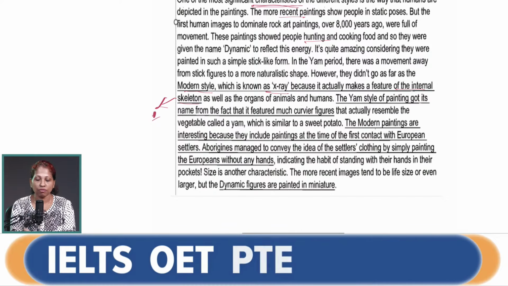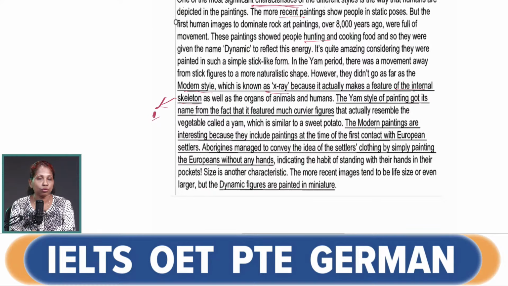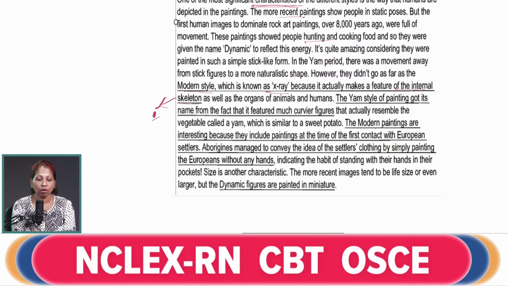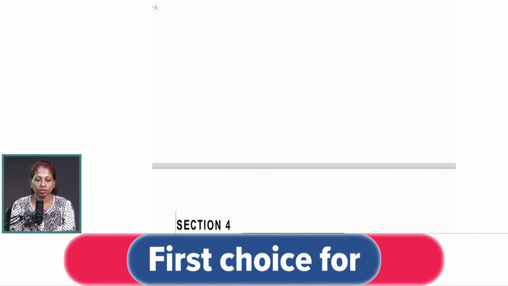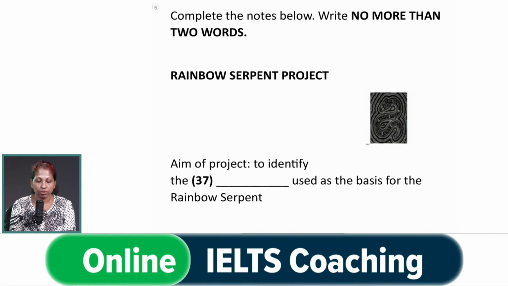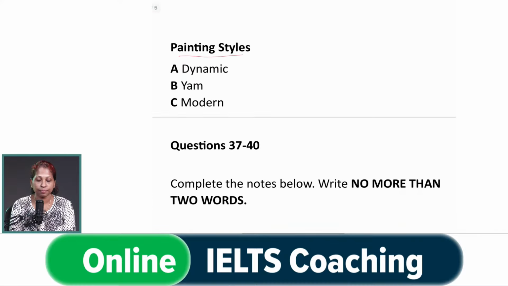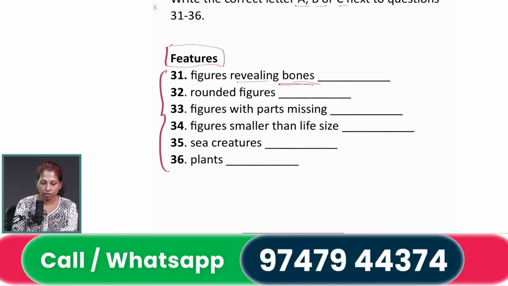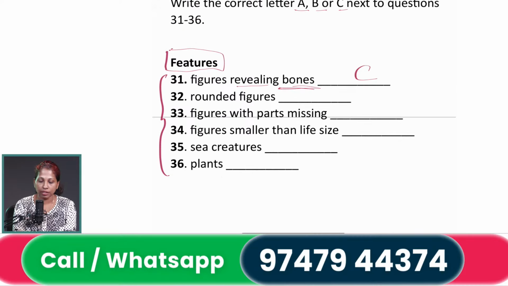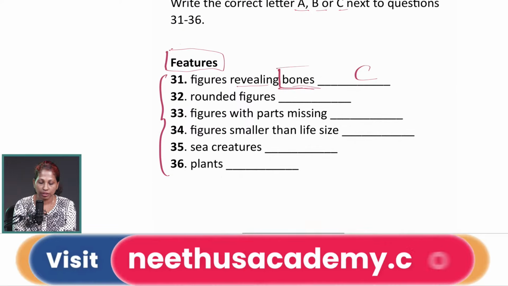So this feature wherein the internal bones can be actually seen is called the modern style. So this is the feature of modern style painting. So, option C. So, your answer for 31 will be on your answer sheet as C because it is telling about bones, right?